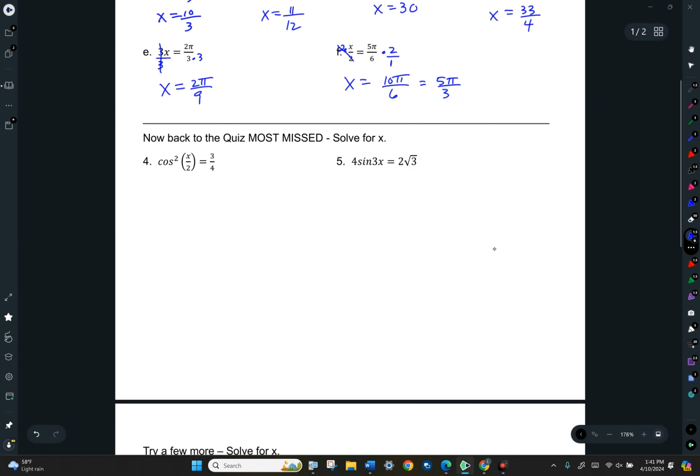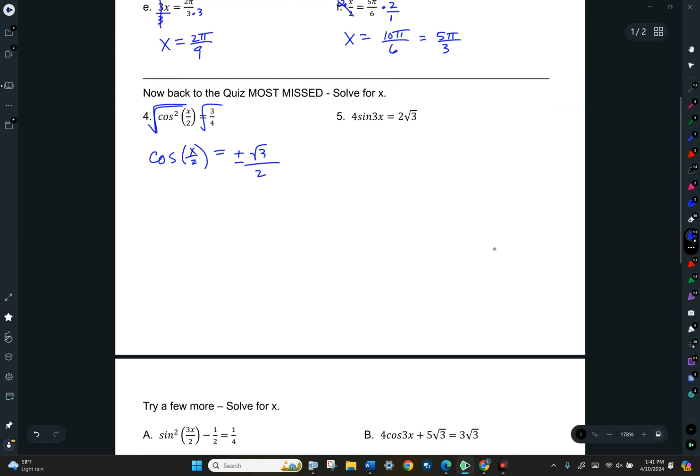Let's take it back to number 4 and 5 from the quiz. So on number 4, remember, the first thing you want to do is get the trig function by itself. So if I take the square root of both sides, I'm going to have the cosine of x over 2 equals plus or minus square root of 3. And since we know the square root of 4 is 2, I'm just going to write it as square root of 3 over 2.